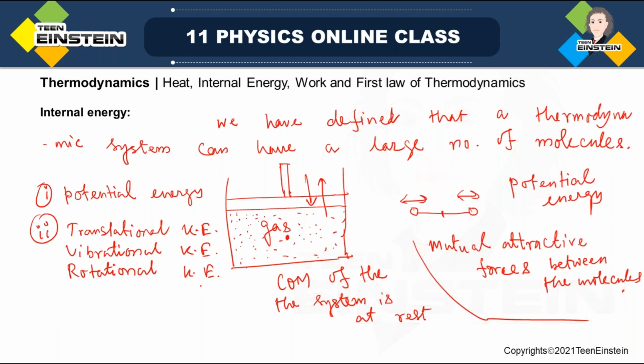Now you can guess what we mean by internal energy. It is the total energy of the system. Total energy means this potential energy plus these three types of kinetic energy.